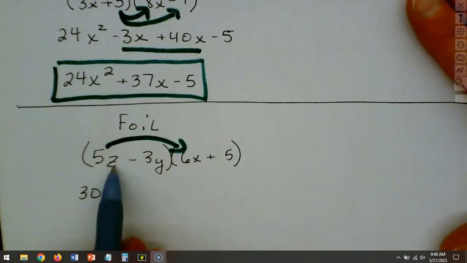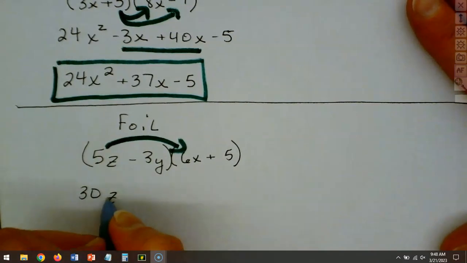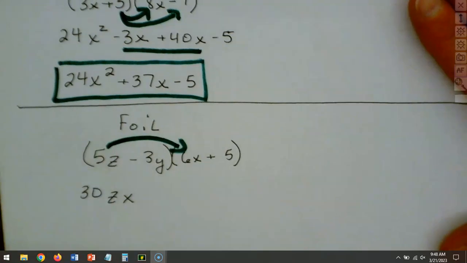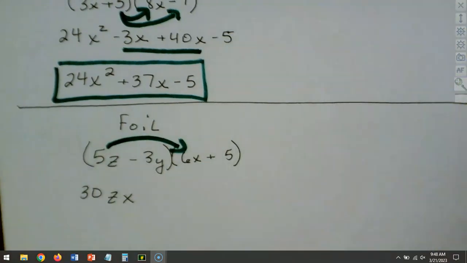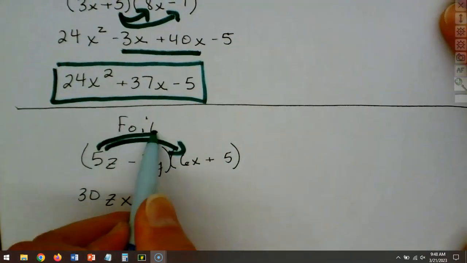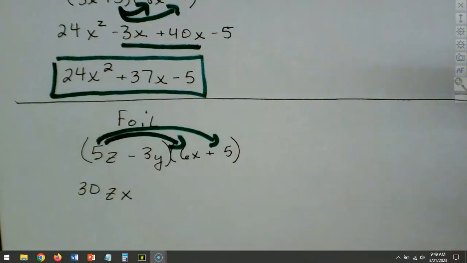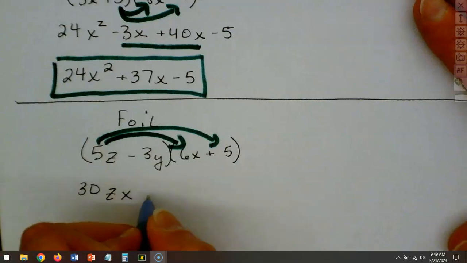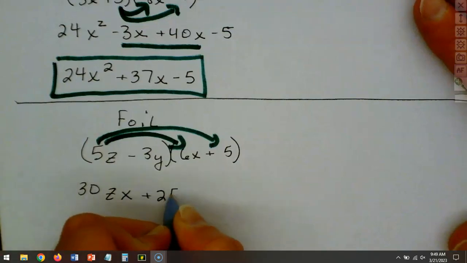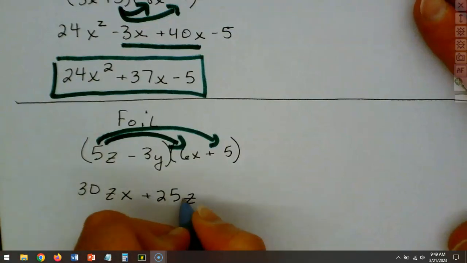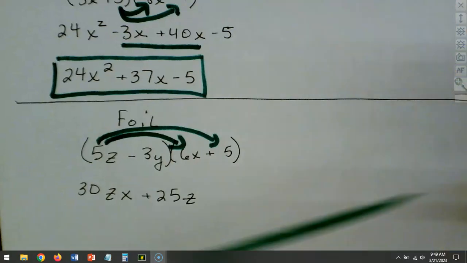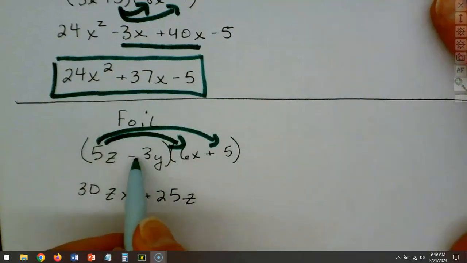And then we have a Z, and we have an X. Then we do the outside times the outside, and that's going to be 5 times 5, that is 25, Z. Then we have the inside times the inside.